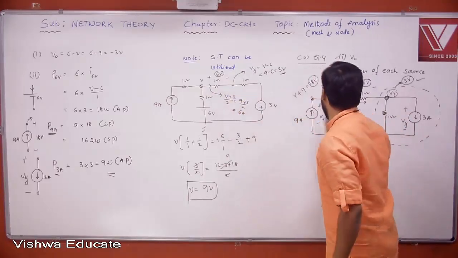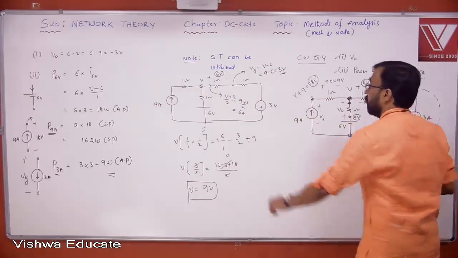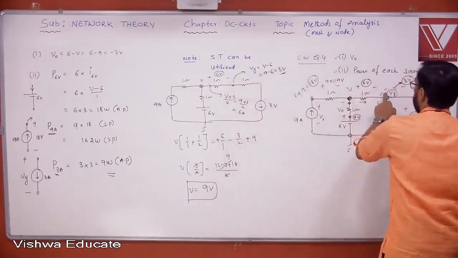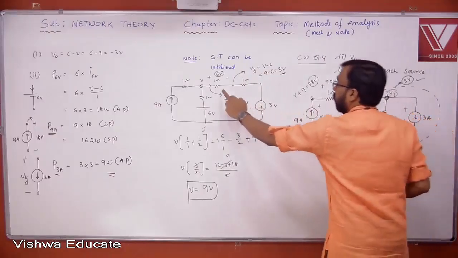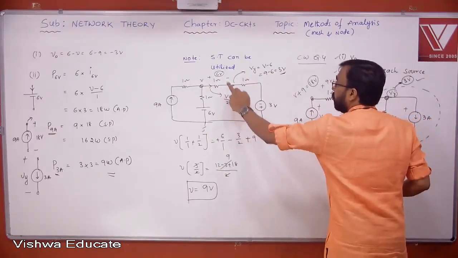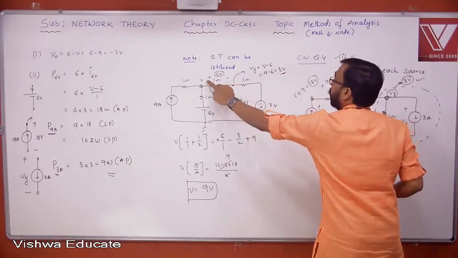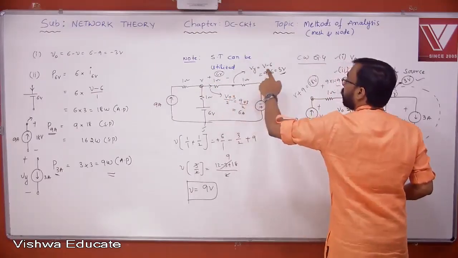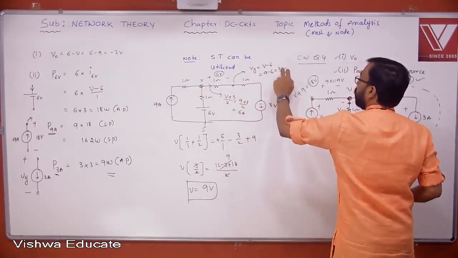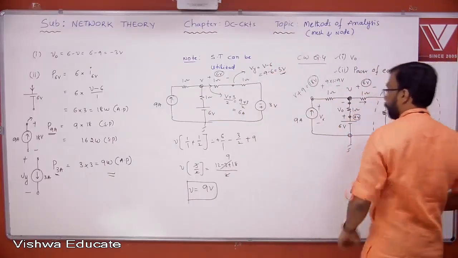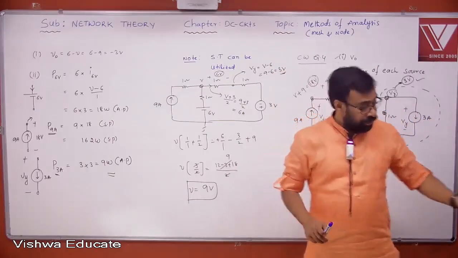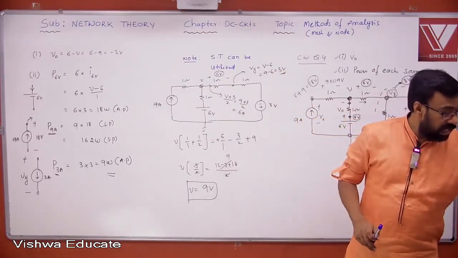This current is the same as this current. Yes or no? This voltage is the same as this voltage. That is why I got the current here, 6 ampere. 6 into 1, 6 volts. Jump from this point to this point, higher to lower, drop the voltage. V minus 6, 3 volts. The same 3 volts is appearing here. I think it's very clear to all of you.